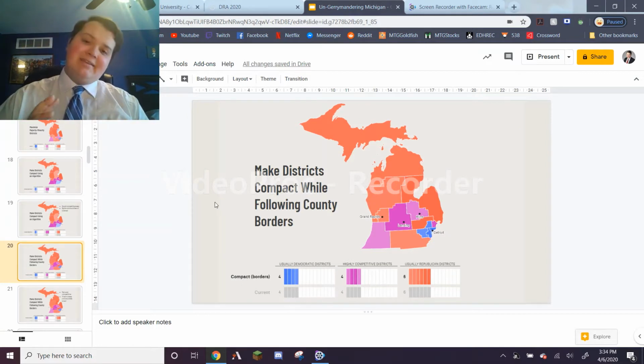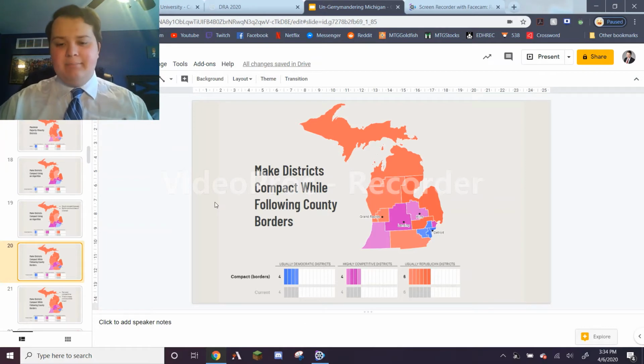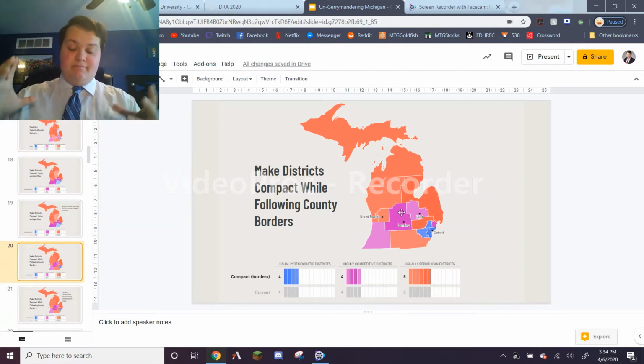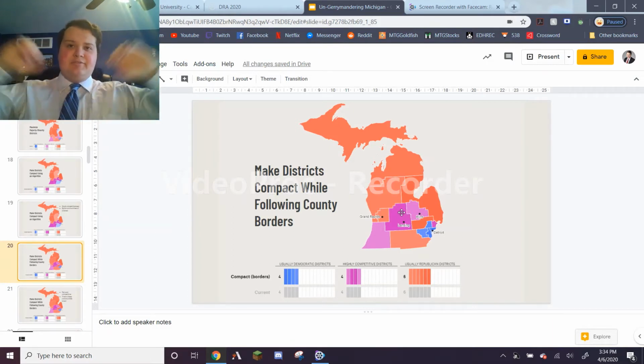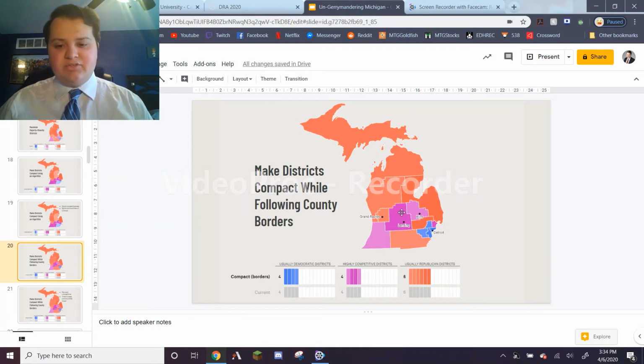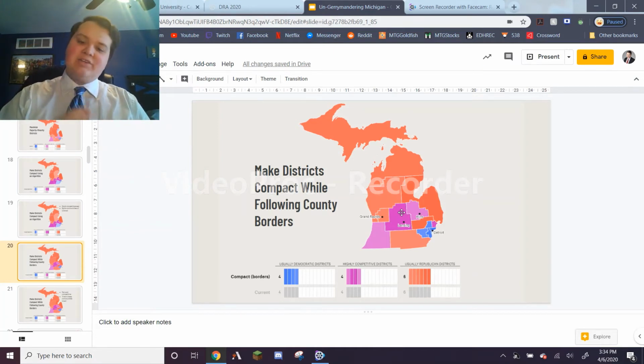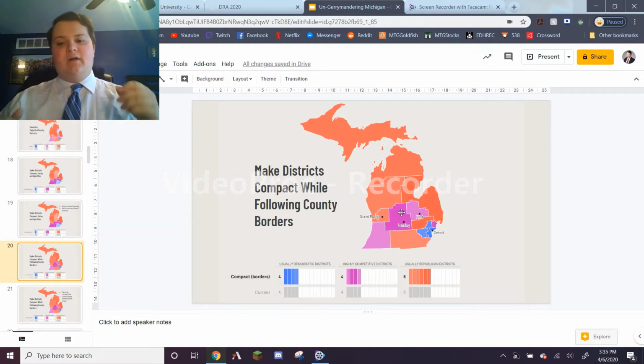This way, I think, is a better alternative, which is making districts compact while following county borders as best as possible. So this is done to try to make these districts smaller, because when we think about districts that are super spread out, generally that's where we get concerned. Making these districts compact within themselves, but also having them observe county borders, which are generally one of the best ways to observe political communities.